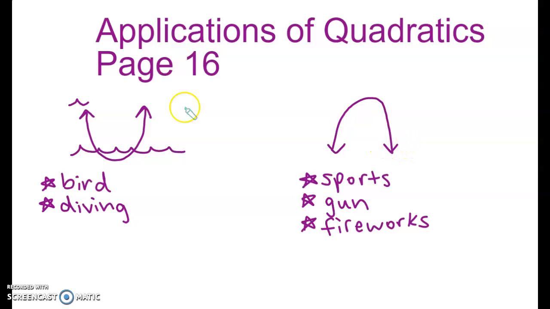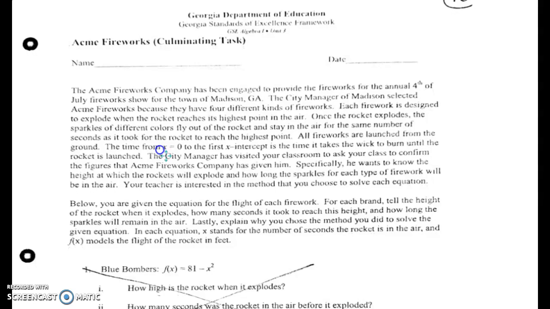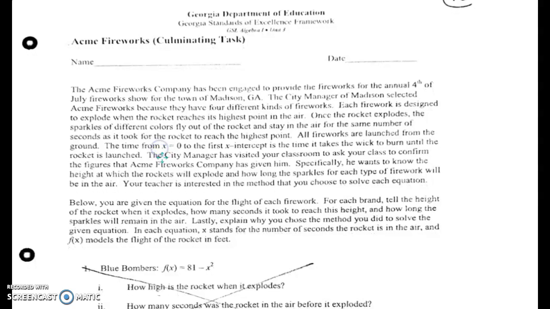So this is what we're talking about today, applications of these quadratic equations. Let's go ahead and get to the notes and read through this. This is about Acme Fireworks. It says the Acme Fireworks Company has been engaged to provide the fireworks for the annual 4th of July fireworks show for the town of Madison, Georgia.